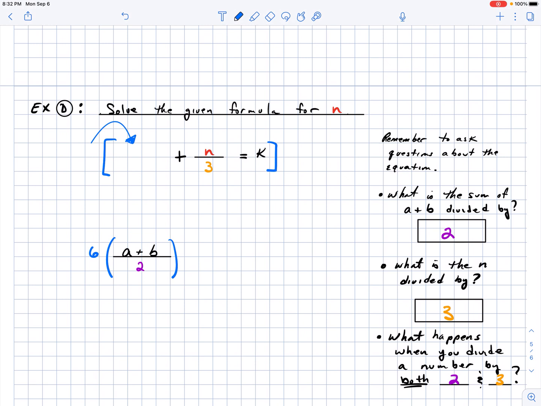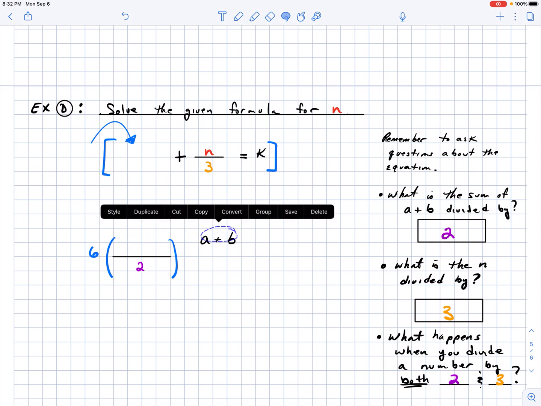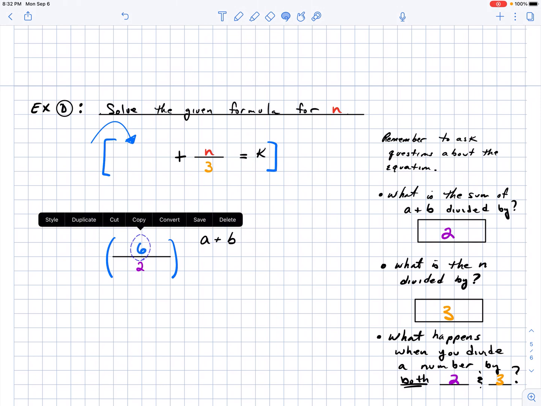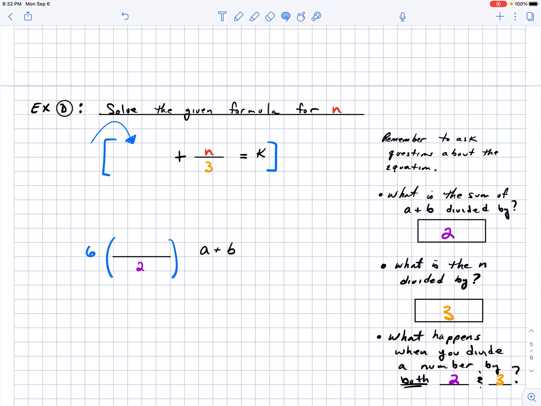If I had this scenario, then I can simply take the A and the B sum out of the picture for a second and think of this as 6 divided by 2. So you see what I'm doing here? Isn't 2 times 3 the same as 3 times 2? Well, I'm just doing something called the commutative property.